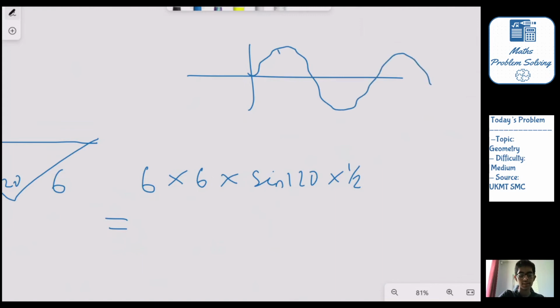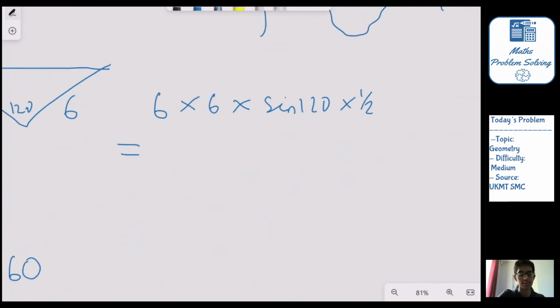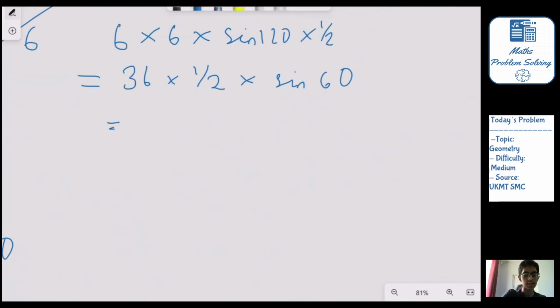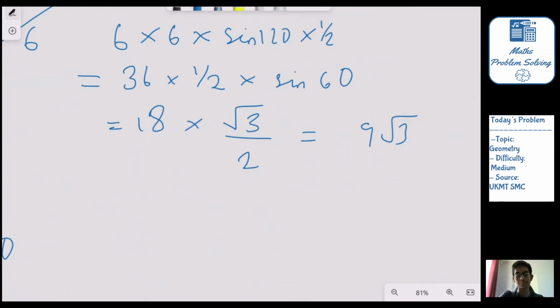Therefore, anything which is here is going to be the same as its respective value over here. Therefore, sine 120 is sine 60. So 36 times a half times sine 60. Sine 60 is root 3 by 2. Therefore, this just equals 18 times root 3 by 2, which equals 9 root 3, as the area of this triangle.